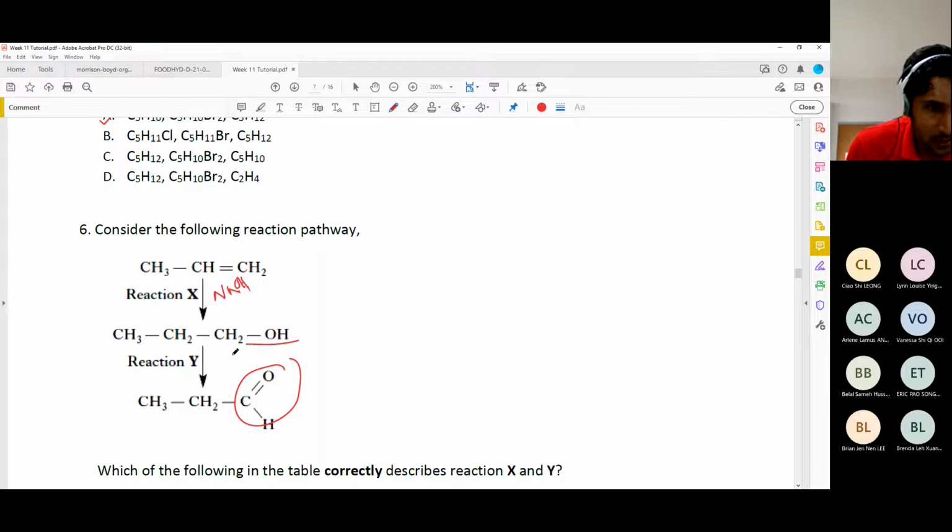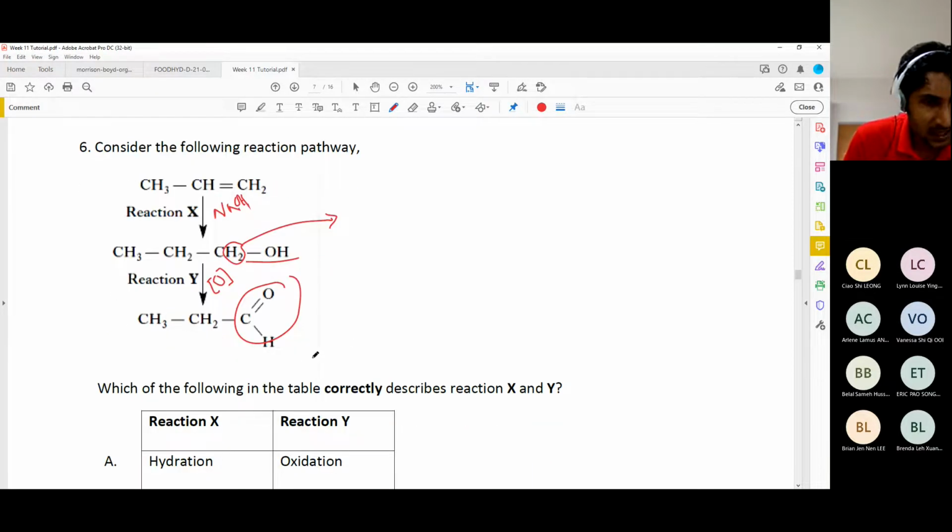So how can it become CHO? That means 2 hydrogens are gone. Two hydrogens gone, so we have to add nascent oxygen there. That means it is an oxidation reaction, so the hydrogens will go out as water and CHO forms there.